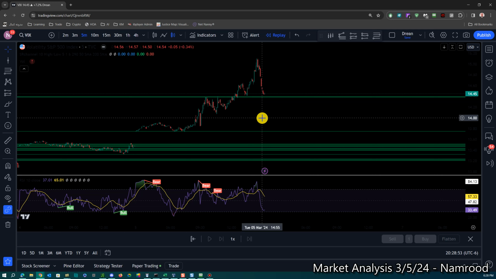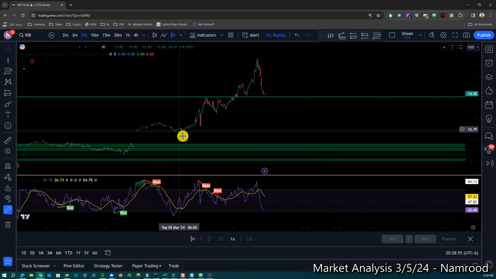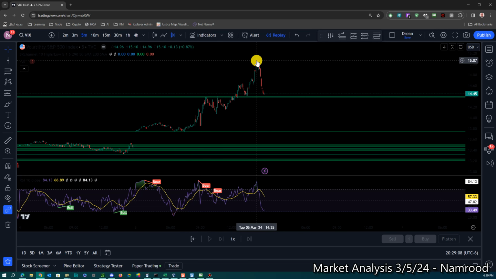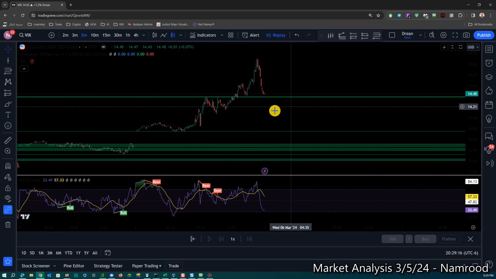So what happened today is gonna be typically inversely proportional to what you see on SPY. So if the SPY is selling off, this means that the VIX is going up. If SPY is being bought or the market is going up, the VIX is going to go down immediately.